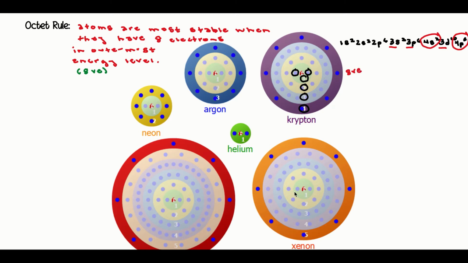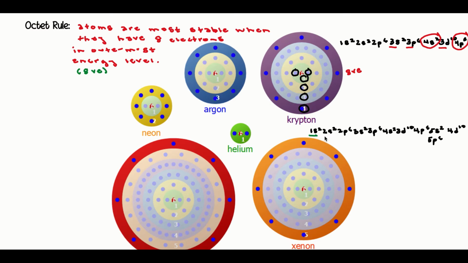Okay, xenon here, if we write out the electron configuration, 1s2, 2s2, 2p6, all the way out. I'll write it super quickly. Notice the first energy level has 2 electrons.